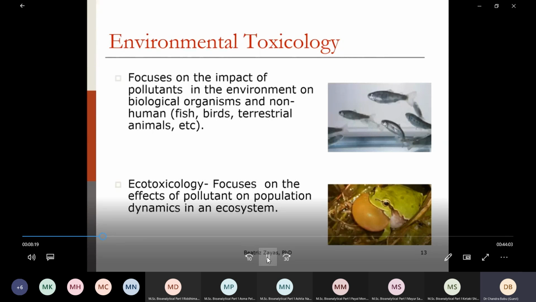Within environmental toxicology, you would have a subdivision called ecotoxicology, which mainly focuses on the effects of pollutants on the population dynamics within an ecosystem.